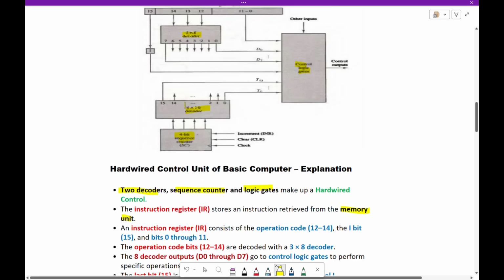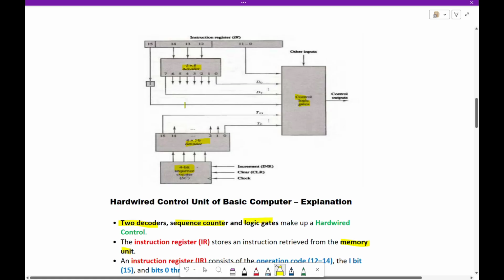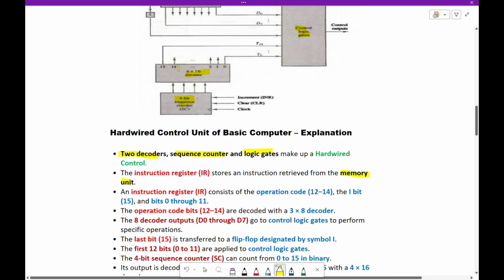Here you see that the instruction register stores the instruction retrieved from the memory unit. The instruction consists of the operation code in bits 12 to 14, then bit 15, and bits 0 through 11.